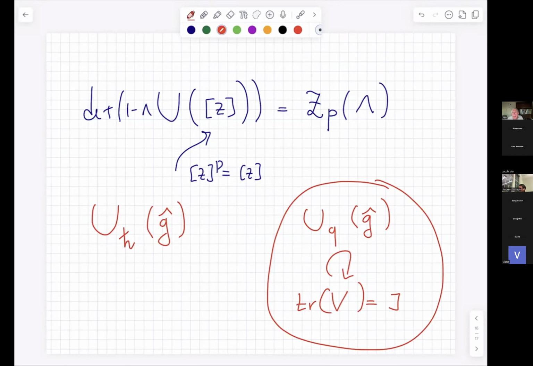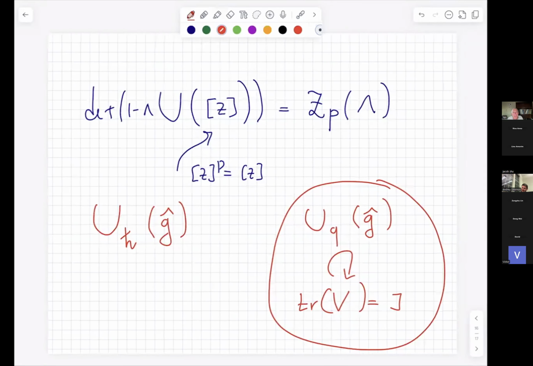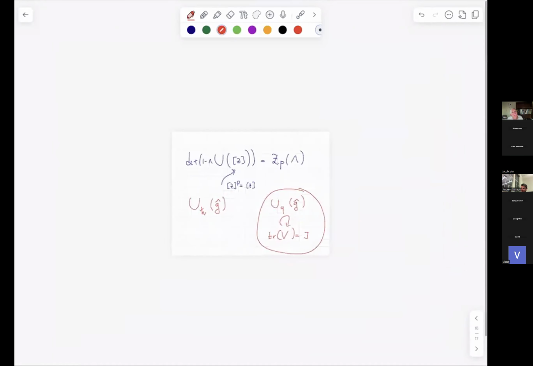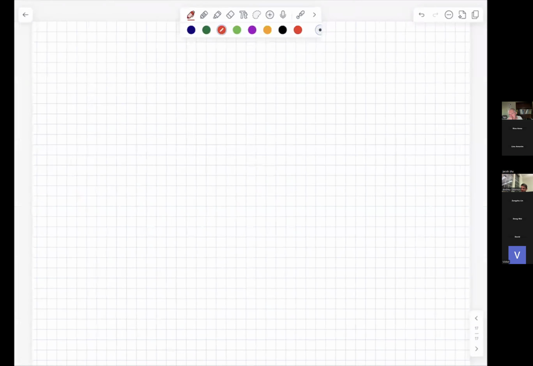Just one thing. I just wanted to mention, very briefly, that there is a story which I completely don't understand, and it's very far from me, but there is something called Habiro cohomology. This is an arithmetic thing, and this is a theory developed by Scholze and people working with him.